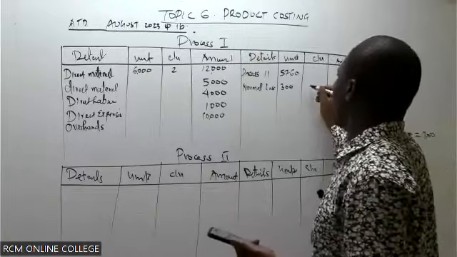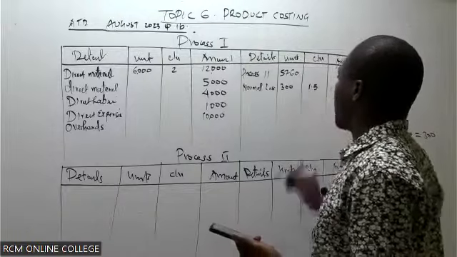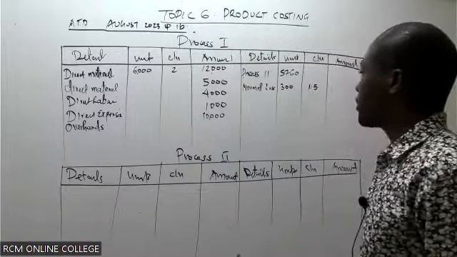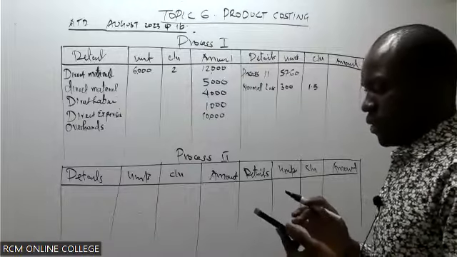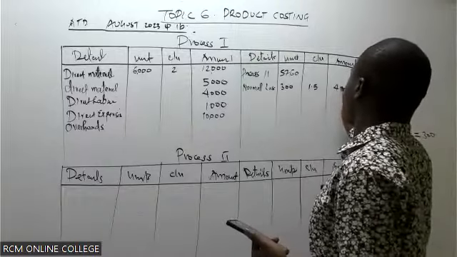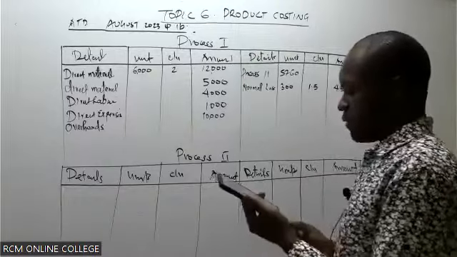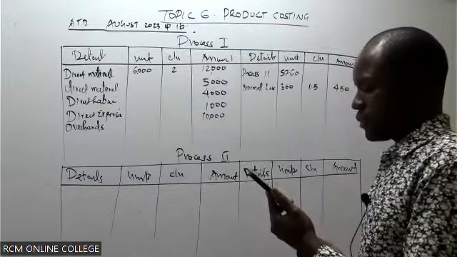So that's what I bring here, 1.5. 1.5 by 300, how much do you get? 450 shillings.